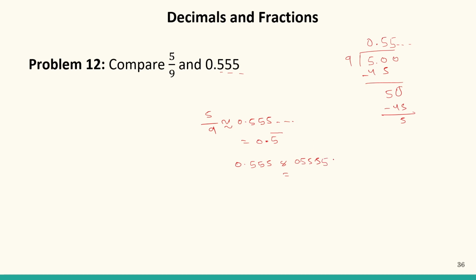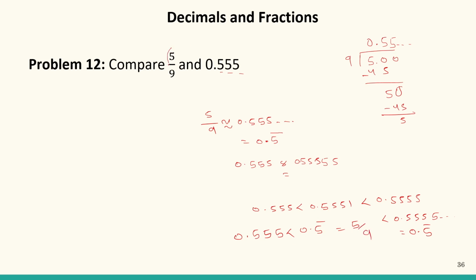So since this is non-terminating, 0.555 is less than 0.5551, that is less than 0.5555, and that is less than 0.55555 and so on, which is equal to 0.5 bar. So we can say that 0.555 is less than 0.5 bar, that is equal to 5/9.